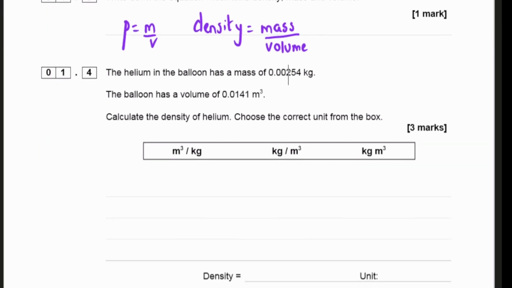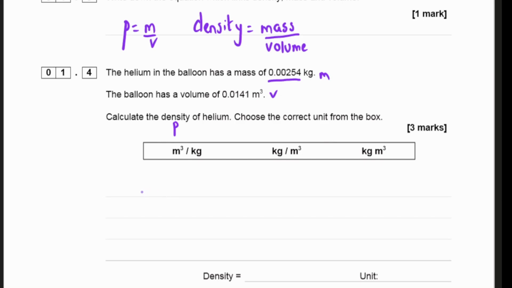Question 1.4. The helium in the balloon has a mass of 0.00254 kilogram. That's the mass. The balloon has a volume of 0.0141. Calculate the density and choose the correct unit from the box.